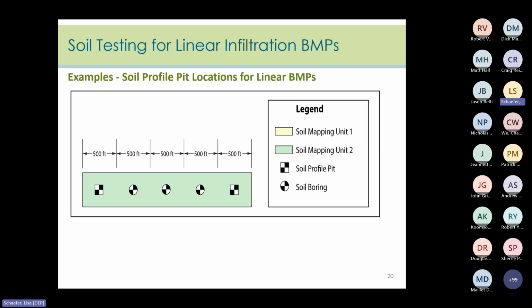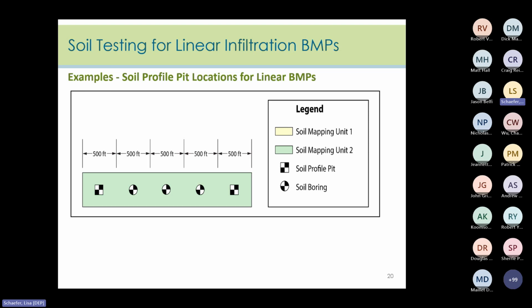For the second example site, there's a linear infiltration BMP with a total length of 2,500 feet, all within one mapping unit. So what's needed in this case is the required pit for the first 500 linear feet, followed by one boring for each additional 500-foot increment, and one more pit for the additional distance that's 2,000 linear feet after the first 500 feet covered by the initial pit.